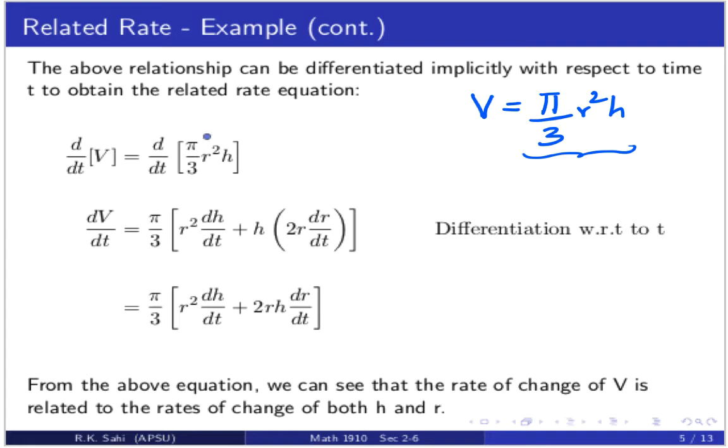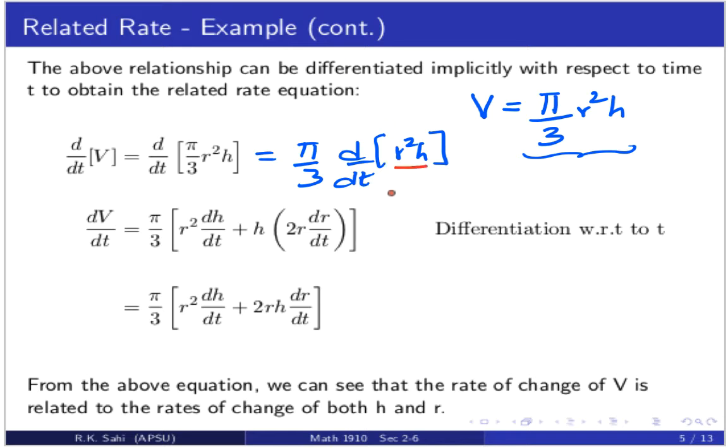It's a constant. And then what we are going to be left? We have pi over 3 times the differential with respect to time of r squared h. Now remember, r in t and h in t are different. Now before we go and apply differential, you have to see what kind of a relationship we have here.